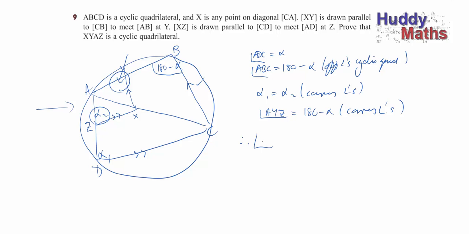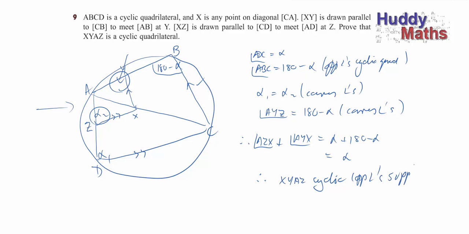Therefore, we can say angle AZX plus angle AYX equals alpha plus 180 take alpha, which equals 180. Therefore, XYAZ is cyclic, and I better put it the same way as they put it up there, opposite angles supplementary, and as required.